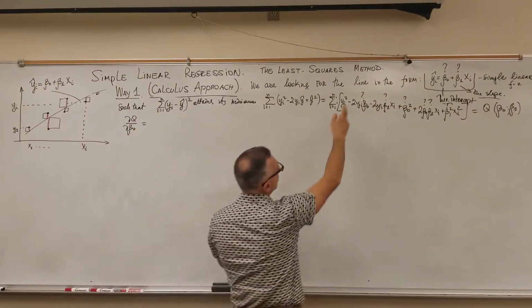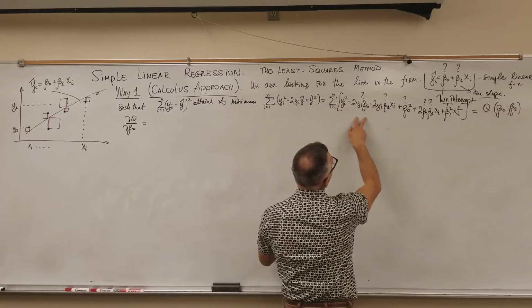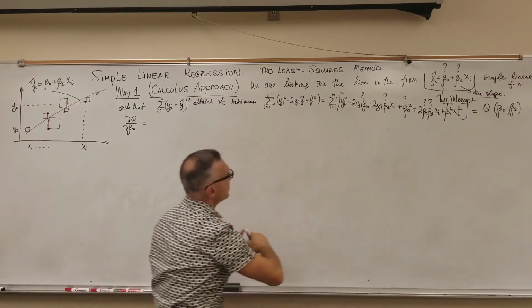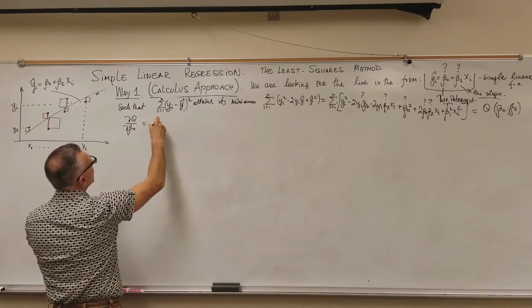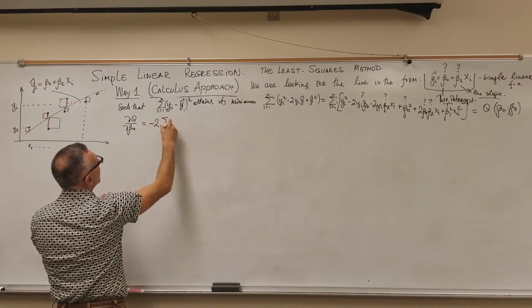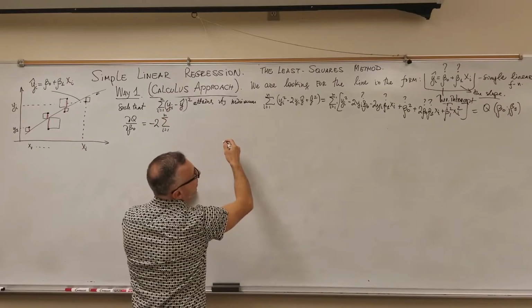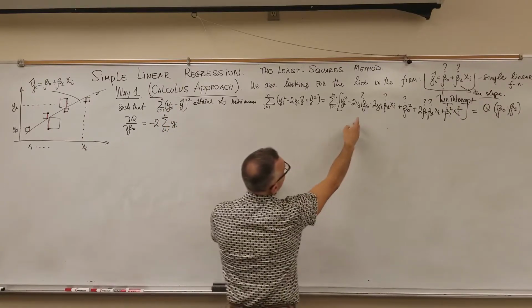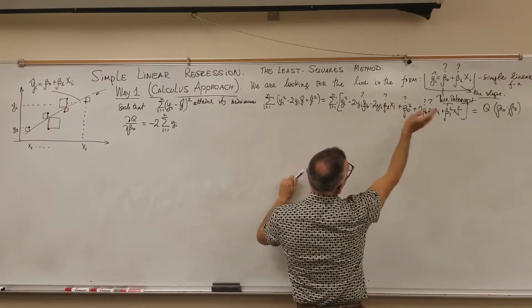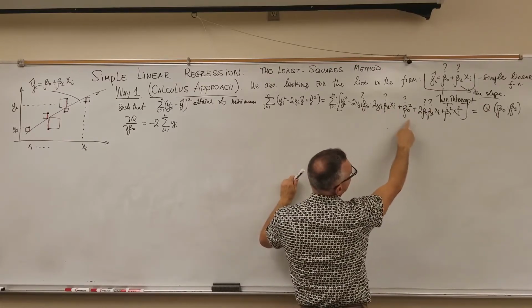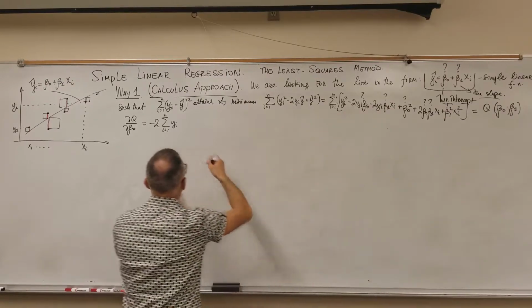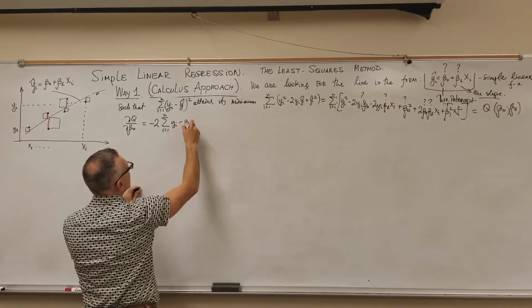There's no beta 0 in the first term, there's beta 0 here, minus 2 out of the sum, so it will be summation, minus 2 out, i from 1 to n, yi, there is no beta 0, it drops out, the derivative of this one, 2 beta 0, minus 2 out, so the minus beta 0.